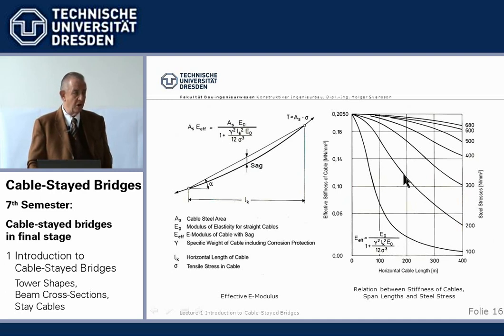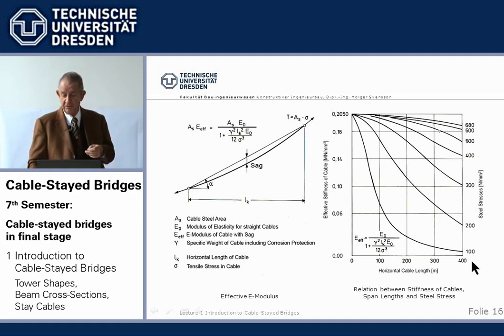If we have a low strength steel, we cannot stress so highly as if we have a high strength steel. And here we have the effective modulus of elasticity. The 205 is the straight steel, and if we have under permanent loads, which is governing, a stress of 680 Newton per square millimeter, which is reasonable, then we see we have very little loss of effective modulus of elasticity.